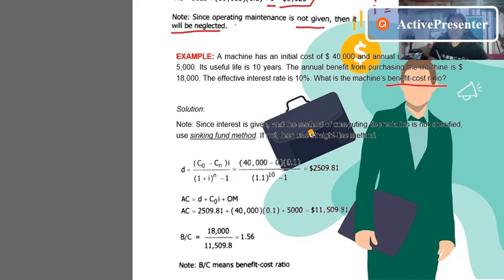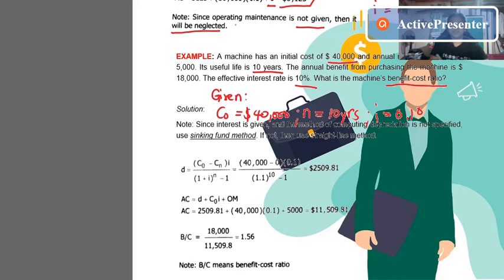So first, we need to write our givens from the problem. It gives CO, which is 40,000, and our N, which is 10 years, and our I is 10% or 0.10.